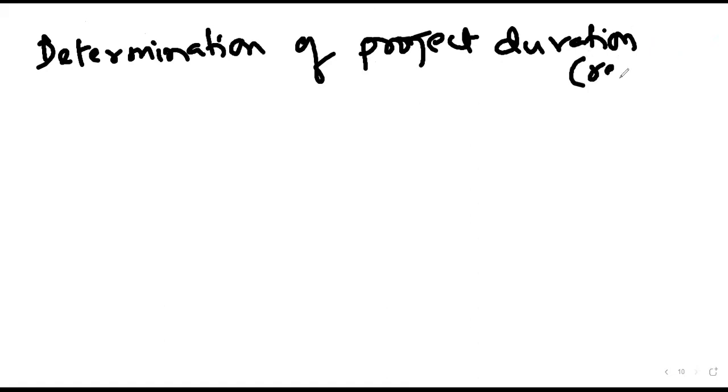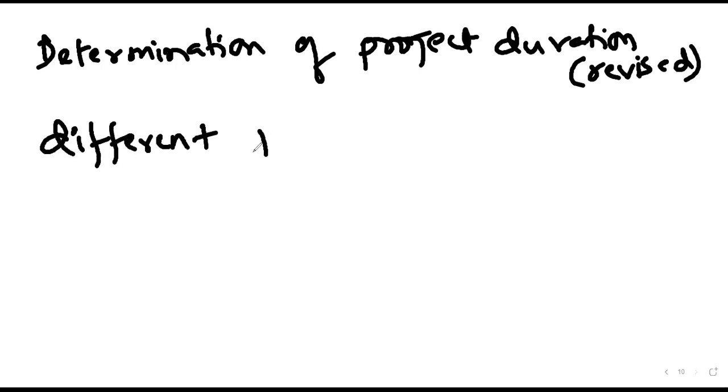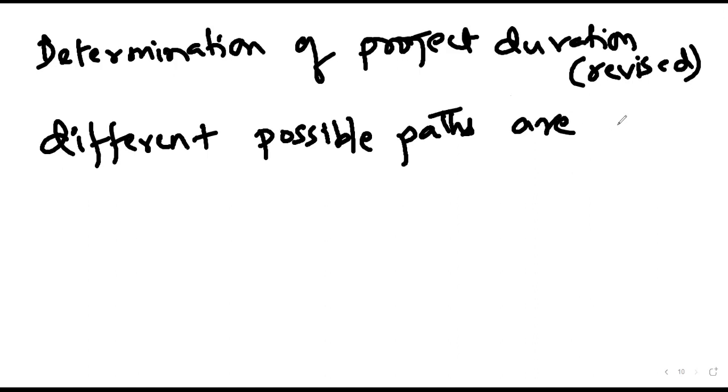Okay, so how do we determine this? Different possible paths are. So what are the different possible paths and their durations?